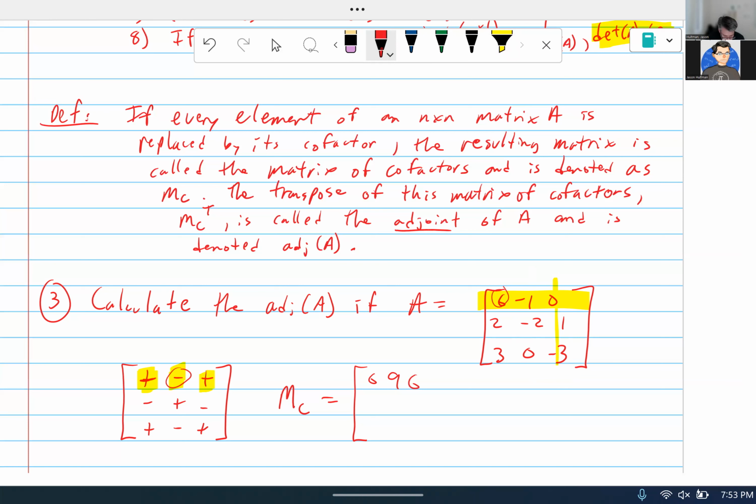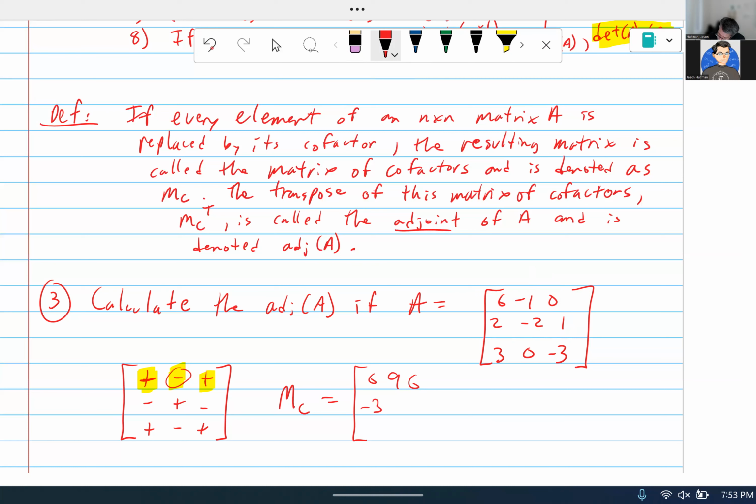Okay, and then we can do the next row. I'm just going to run through this pretty quickly. I'm not going to cross anything off at this point. But for 2, I'm going to cross off row and column. That's going to be 3 minus 0, which is 3. And 2 has a negative sign, so that's -3.